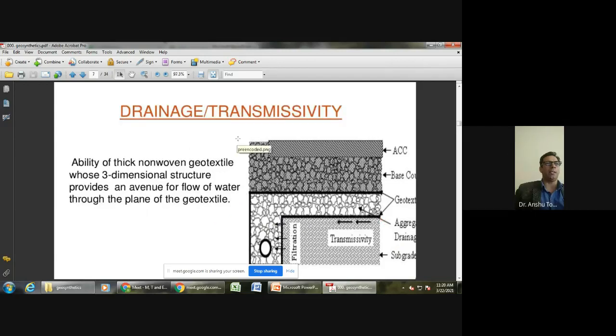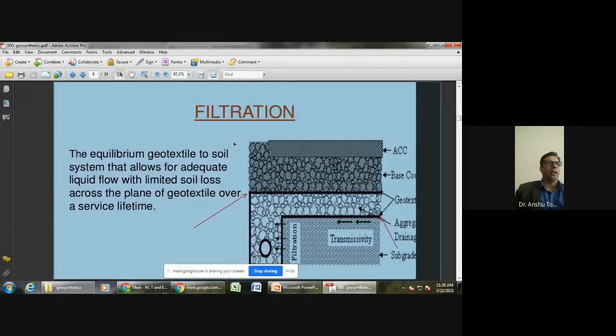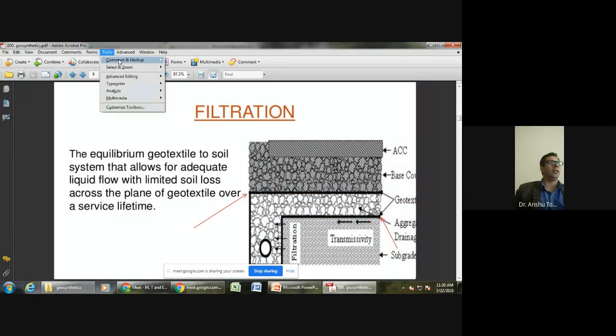Drainage, transmissibility, they are one and the same thing, because the same purpose can be used for the drainage. That is, the strength has been maintained here, and the drainage can be done. It is from outside, it can be used like this.